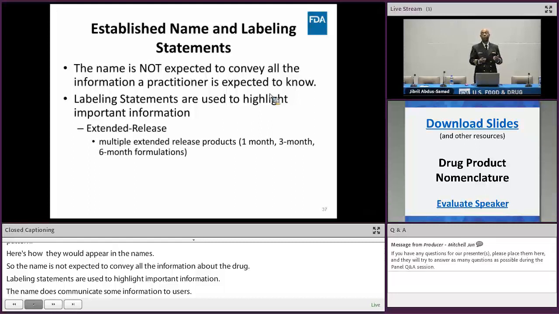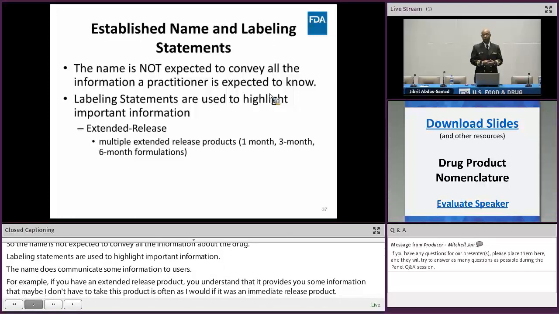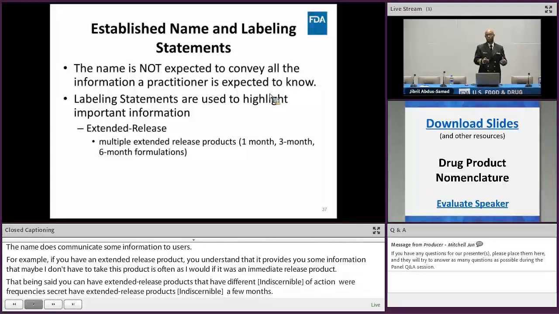That being said, you can have extended release products that have different duration of action or different frequencies. So you can have an extended release injectable product that may last 1 month. You can design it for 3 months or 6 months. So those labeling statements will work in conjunction with the modified release portion of the name.